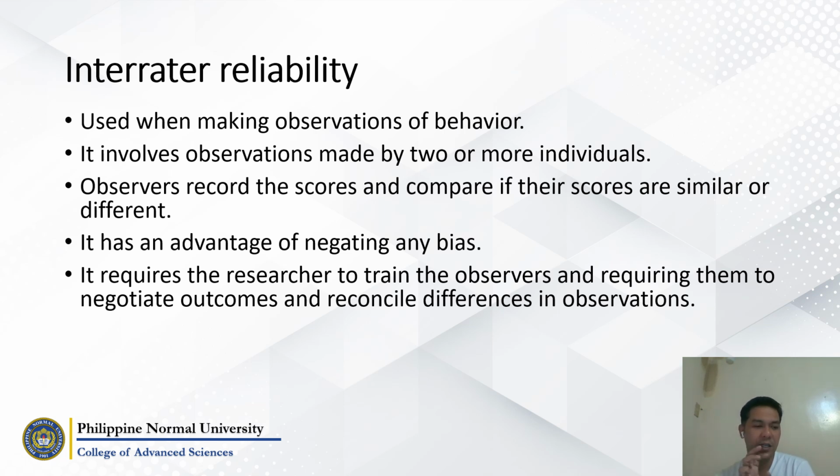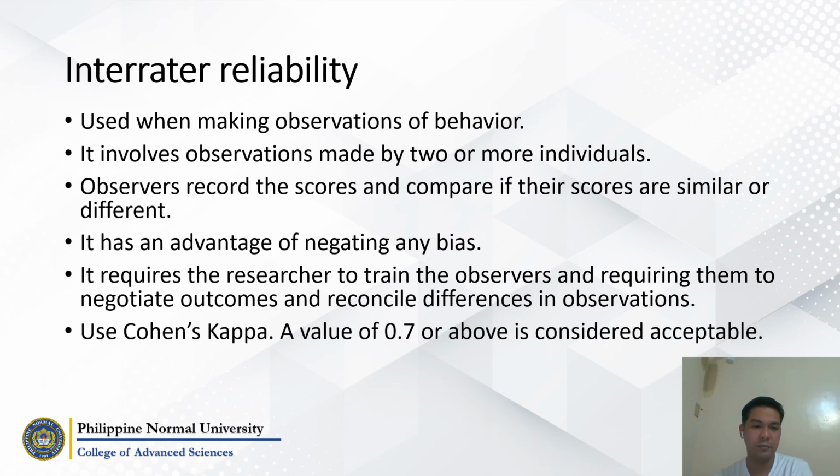So for example, if two or three of the observers do not agree on a certain item, they need to discuss it among themselves. What are the considerations why it was not considered as a reliable item, and then they are going to negotiate and finally reconcile their differences and suggest to the researcher if the researcher would like to consider revising it or if it would be okay for the raters to accept it as is.